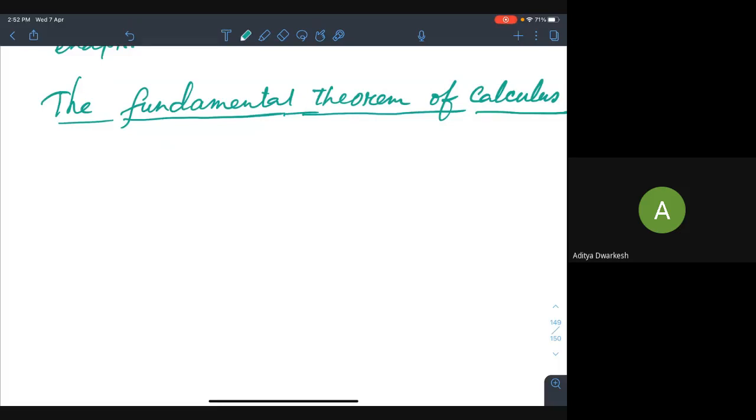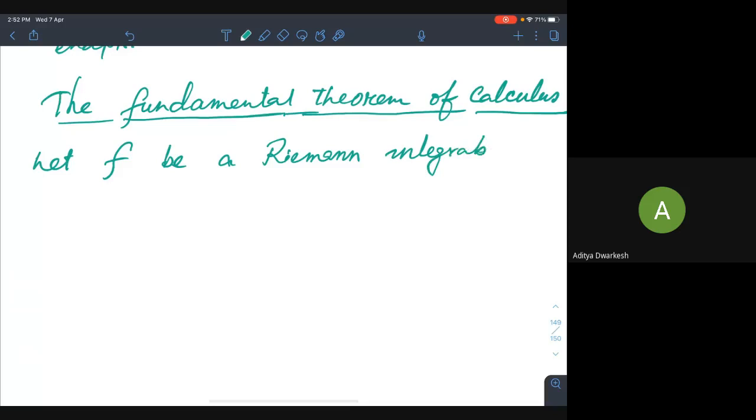Let's see what happens. So let f be a Riemann integrable function on [a,b].